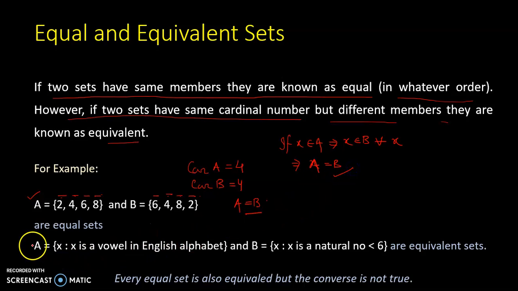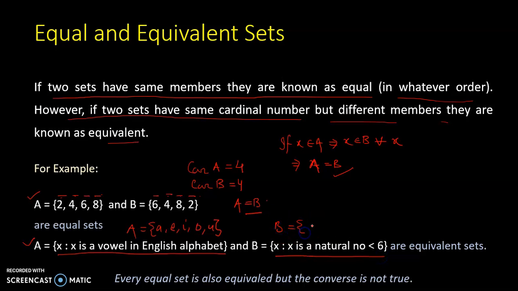Now on the other hand, if you see set A here, X is a vowel in English alphabet. So I know that A has these many members, A, E, I, O, U. And B is X such that X is a natural number less than 6. So B is going to have how many members? 1, 2, 3, 4, 5. Now if you see, in both the cases, cardinal number of A is 5.